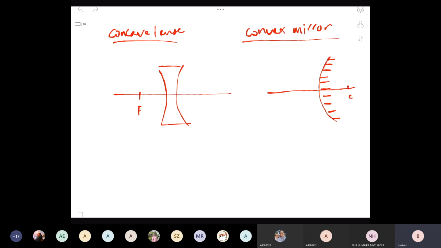Did you ever see something like this? Can you give me an example? Where do you see this kind of mirror? Usually, this kind of mirror is available somewhere around the curved road, right?